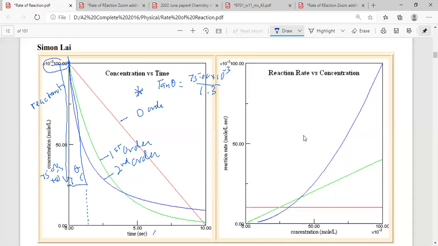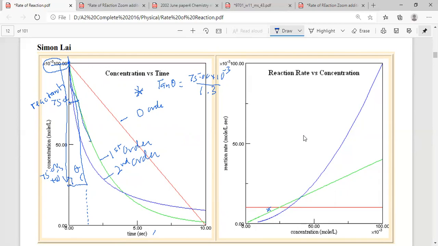So then I plot the graph. This is the rate right here. Then I plot another point for this concentration, which is about 75.00. Now I have to draw another tangent at this point.